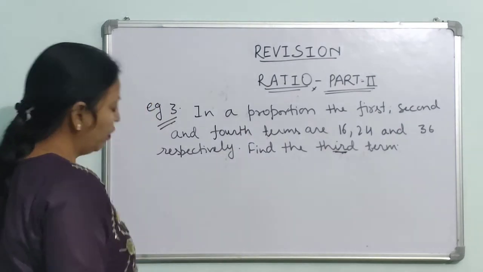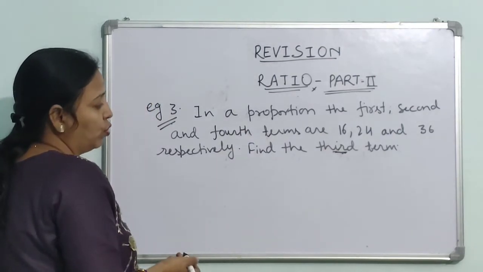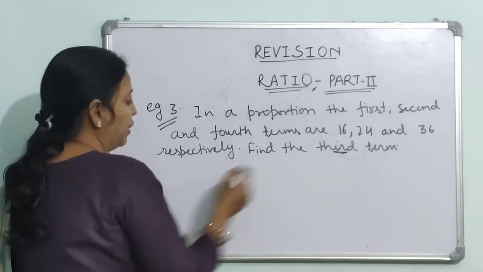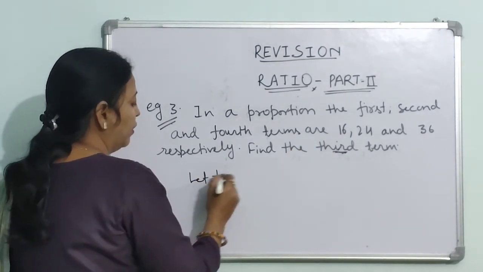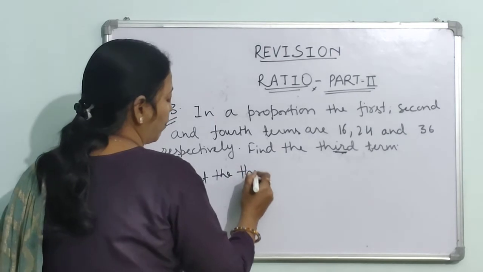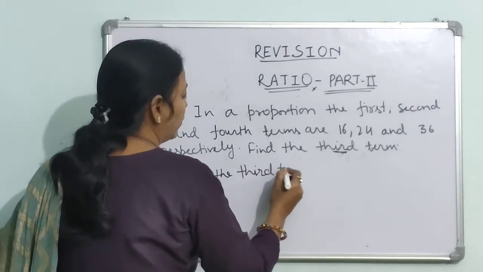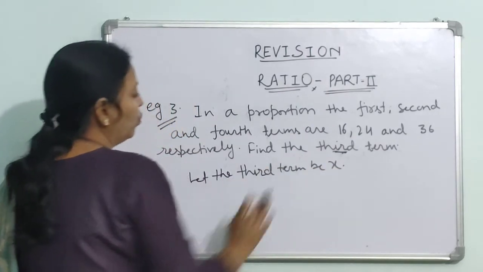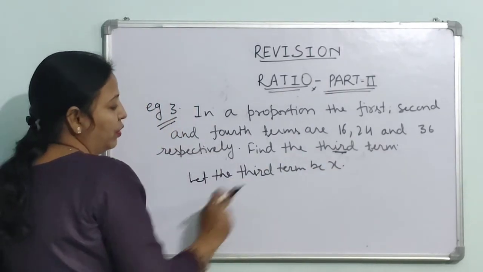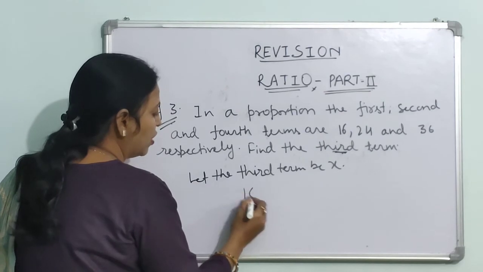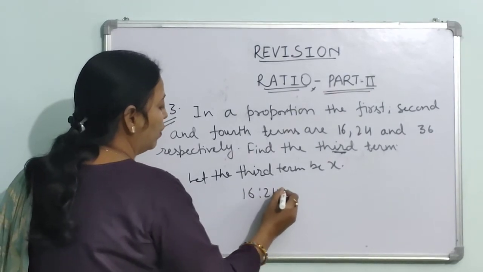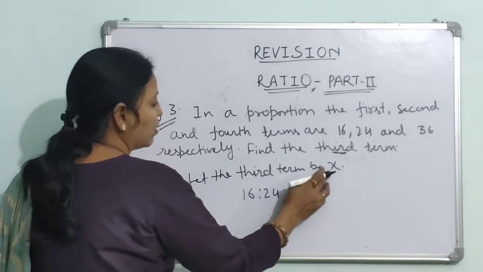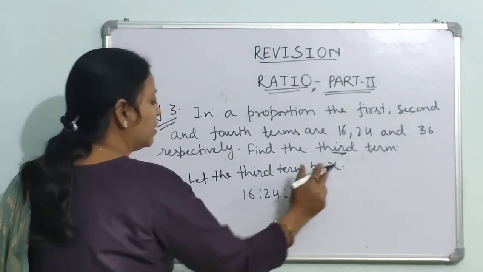To solve this type of sum, you will first let the third term be x. Then you write the proportion: 16 is to 24, the first and second terms, and the third is to the fourth term.